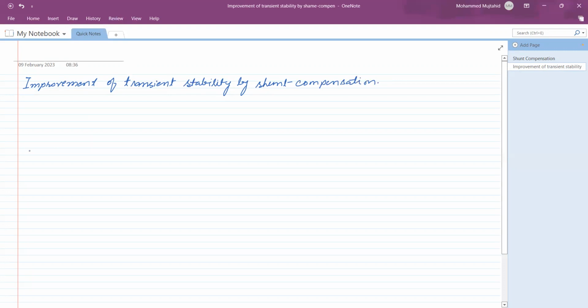Say let the system be there. It may be as a.